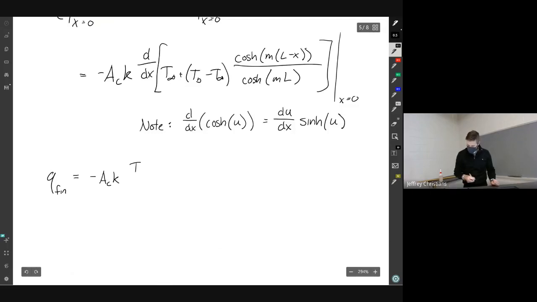This is some of the constants, T_B minus T infinity over cosh mL. So that would be our constants. Then we would have d/dx of cosh of m(L minus x).